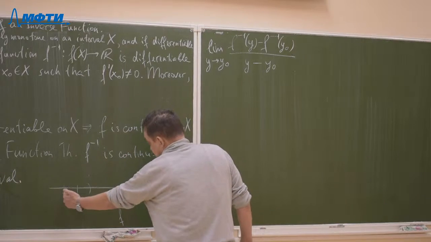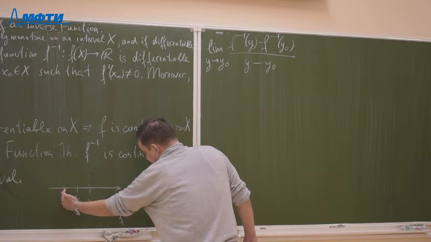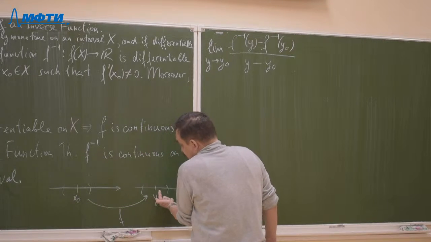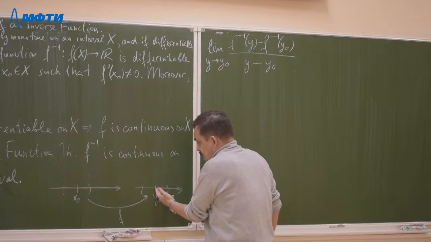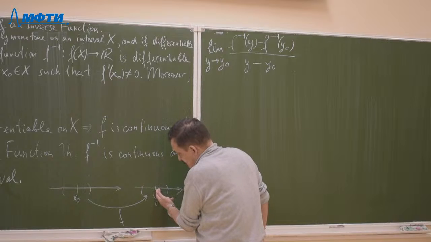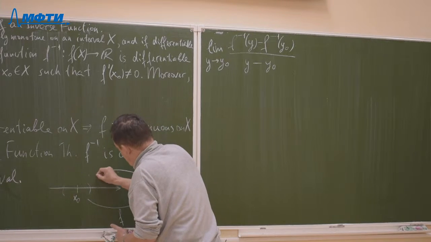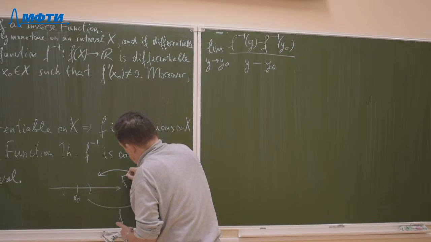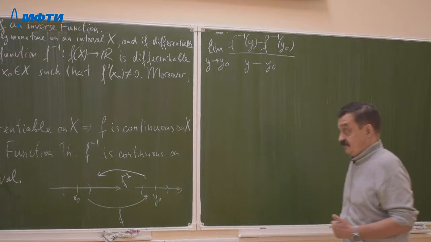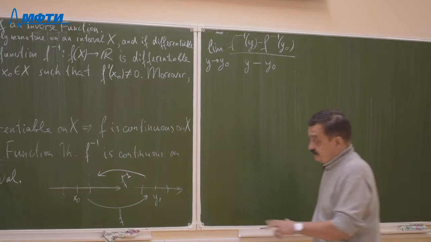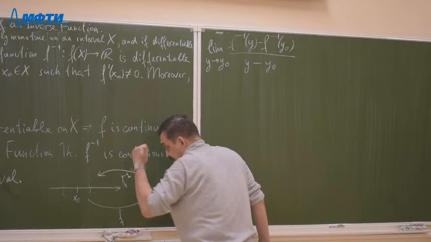So for every point here, f gives precisely one point there and vice versa. So we have also the inverse function which maps this interval back.